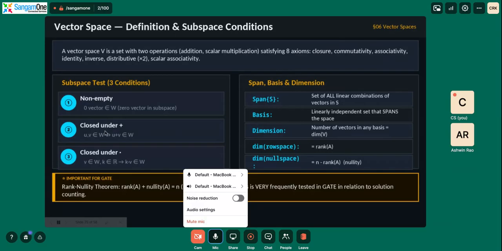Here, the subspace test: three conditions should be satisfied. That's when it's called a vector space.